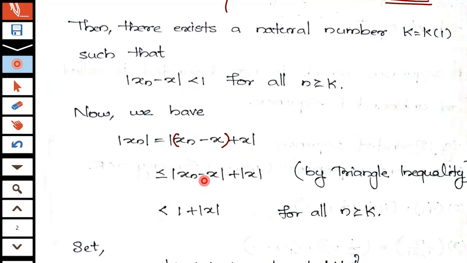So applying here we get this term is less than 1, so mod xn is less than 1 plus mod x for all n greater than or equal to k.